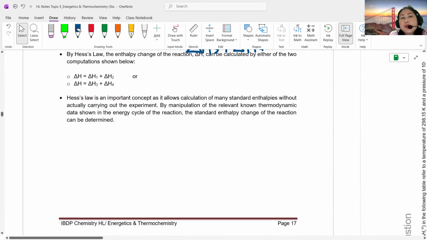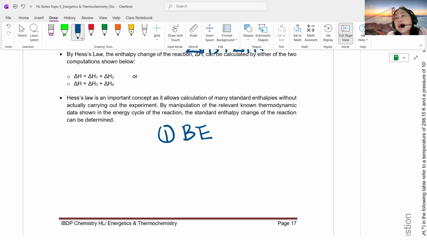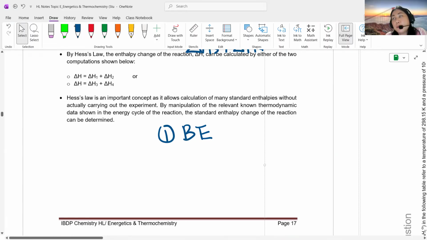The few common ways to calculate enthalpy change that we're going to look at is, firstly, we use bond energy to calculate energy change. So during a reaction, bonds are broken, bonds are formed. So we find out the energy required to break the bonds and the energy given out when bonds are formed, then we will know the net energy change in the reaction.